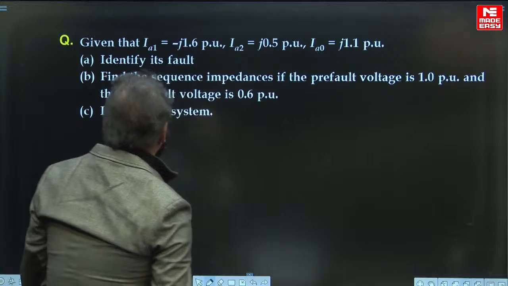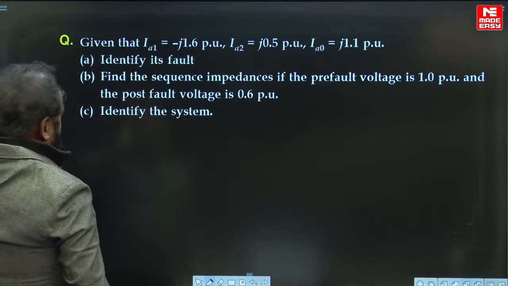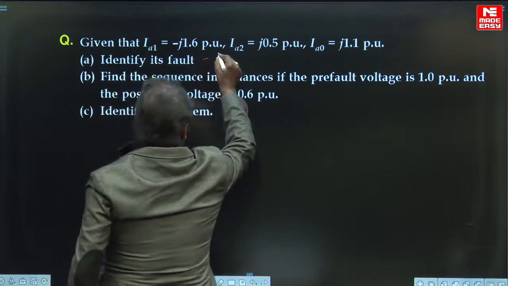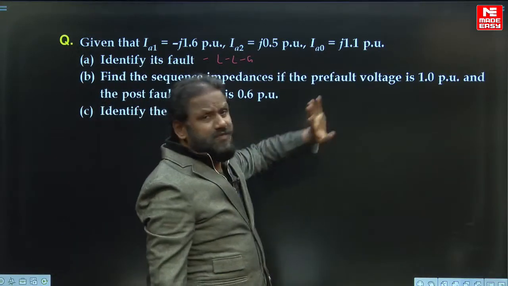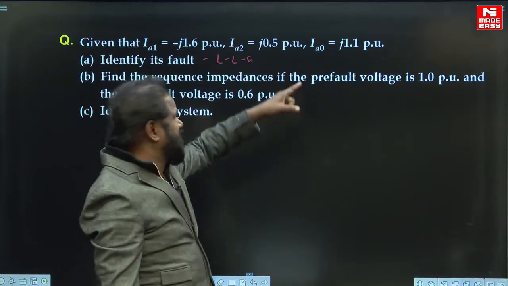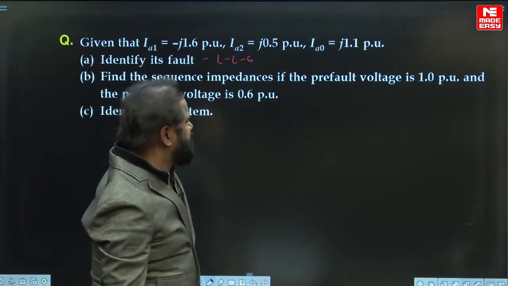Next, identify the fault: it is the LLG fault. Why is it called the LLG fault? If it were the LG fault, all three should be the same. For the LL fault, there should not be any zero sequence component, therefore it is the LLG fault.